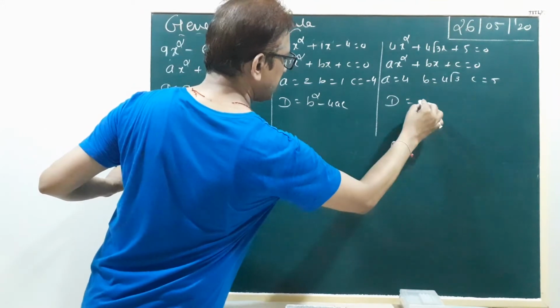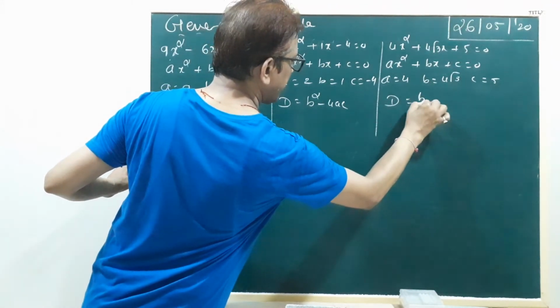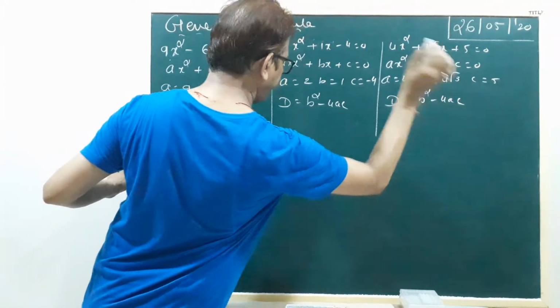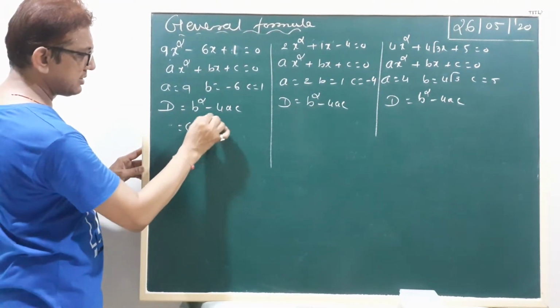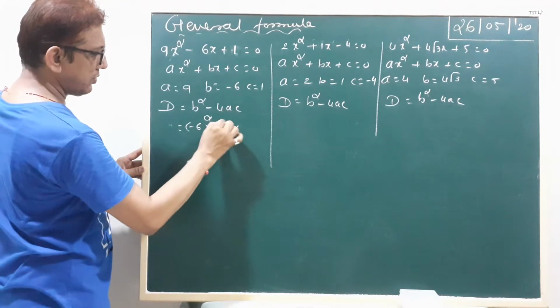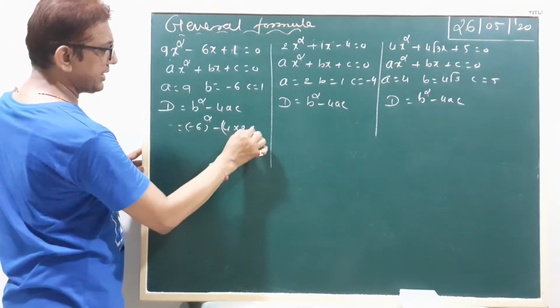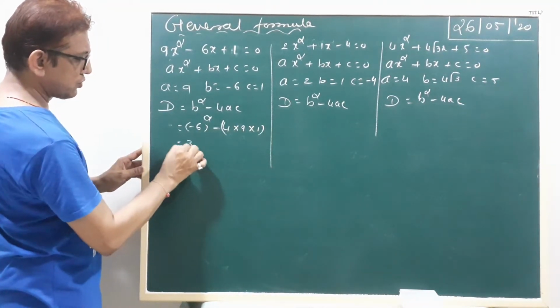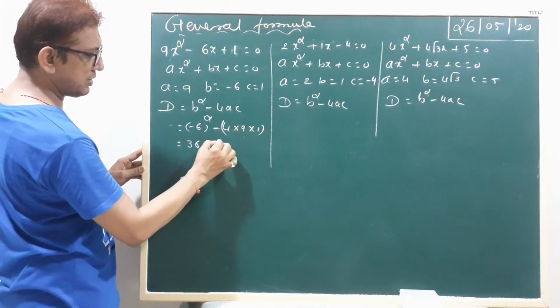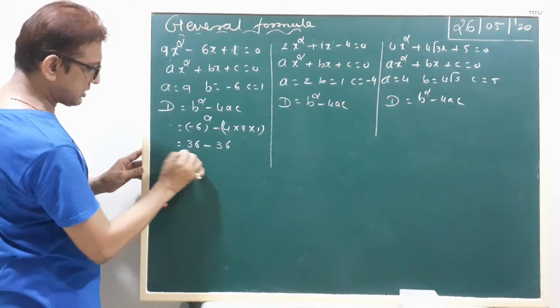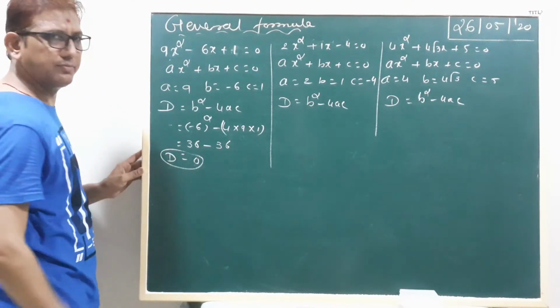We write three sums. Continue. b square minus 4ac. Okay. Now b is minus 6, a equals 9, c equals 1. So minus 6 square is 36, and 4 times 9 times 1 is 36. So the discriminant is 0 here.